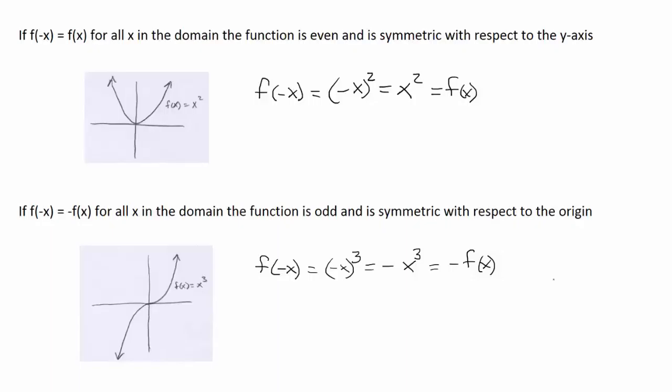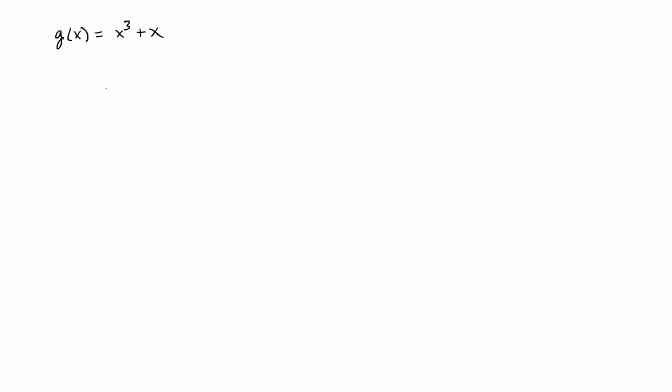Now let's take a look at some functions and, without their graphs, figure out if they're even, odd, or neither. In example 1, g of x is equal to x cubed plus x.